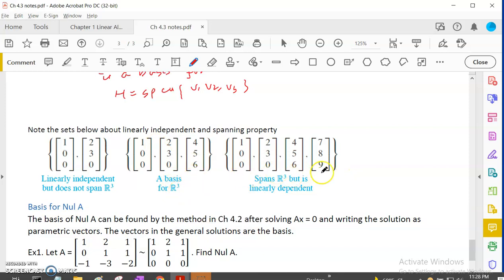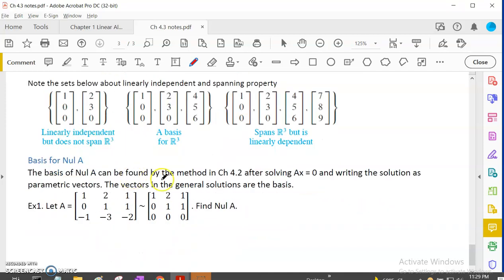If you have 4 vectors, they cannot be a basis because they are linearly dependent. And if you have 2, you cannot span R3 because you don't have enough pivot positions in all rows. So these are very easy ways to spot linear independence as well as spanning properties. To check linear independence for these two, you would just check whether they are multiples of each other.